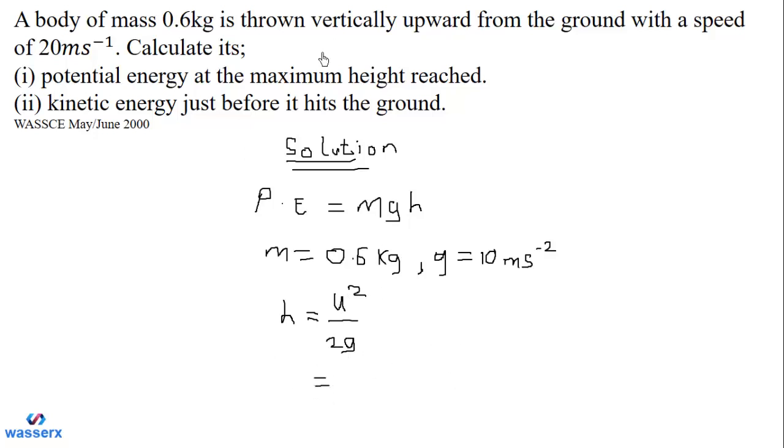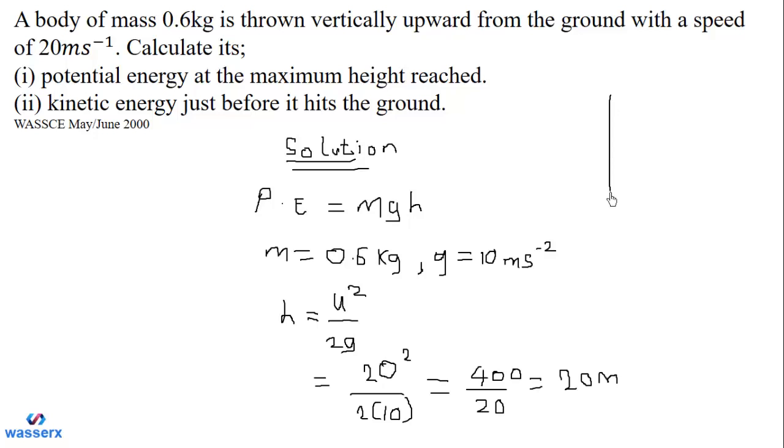So we just do the substitution. The initial velocity is 20 meters per second. So 20 squared over 2 times 10, which is the acceleration due to gravity, and this will give us 400 over 20, which simplifies to 20 meters. Hence our height is 20 meters.